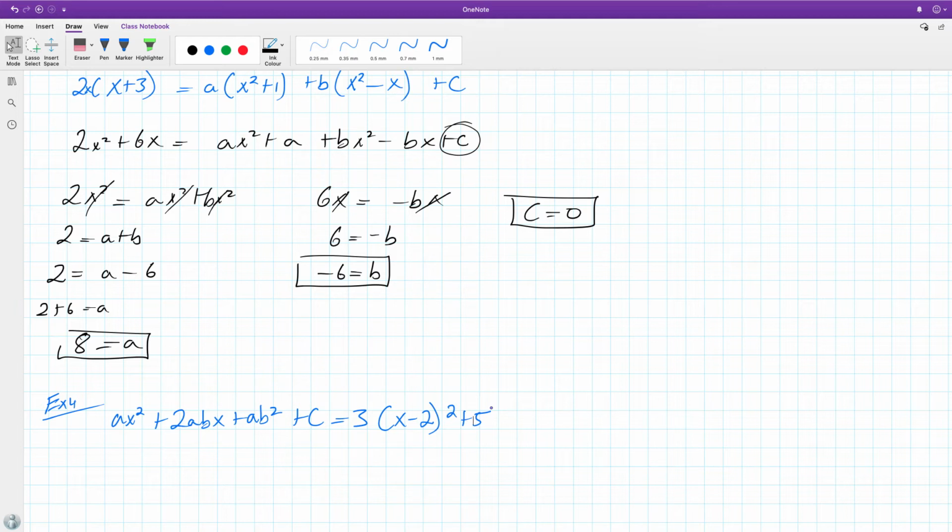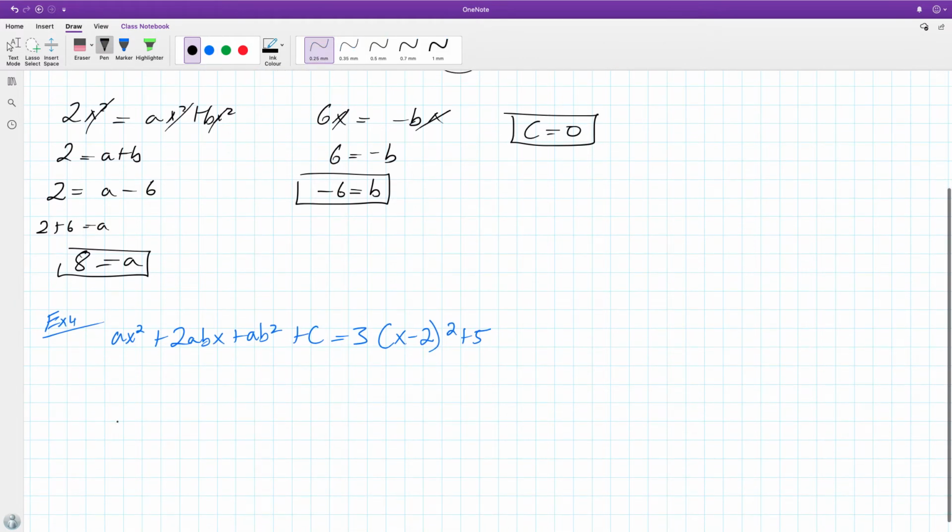Right, we all look like we're fairly on the right line. So, ax squared plus 2abx plus ab squared. Nothing changes on the left. Is equal to square the first, twice the first by the second, square the last, plus 5.